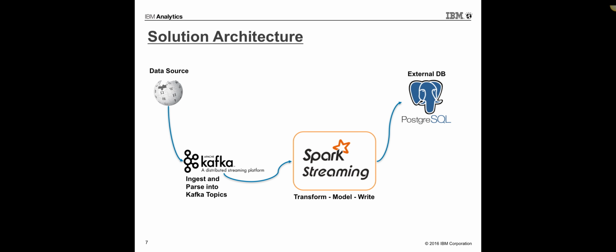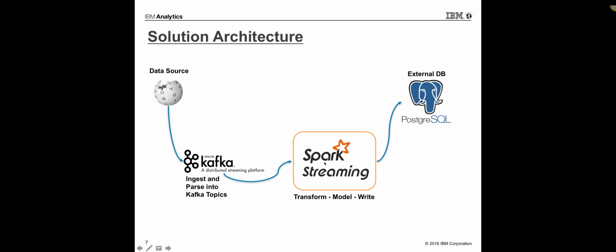First, we have our data source from Wikipedia. Wikipedia is sending out a stream in real time of data, and we're going to draw that into Apache Kafka. Kafka is going to parse that data a bit, form it, and publish it into topics that can be subscribed to.